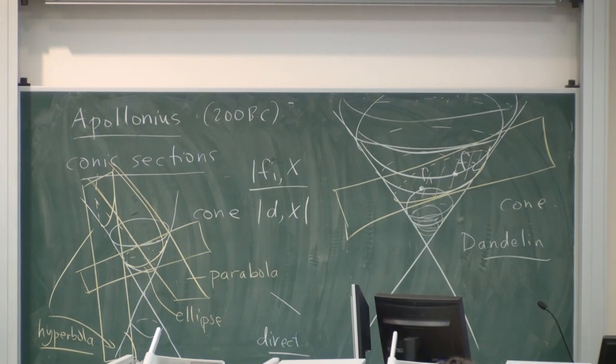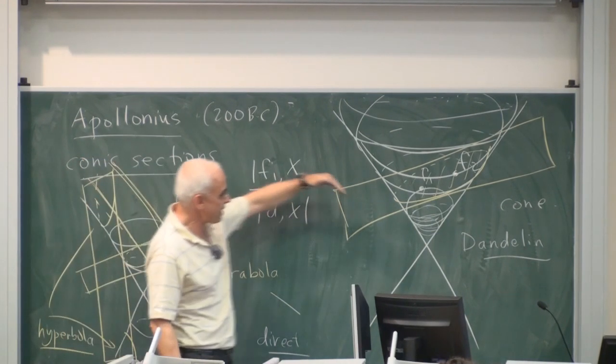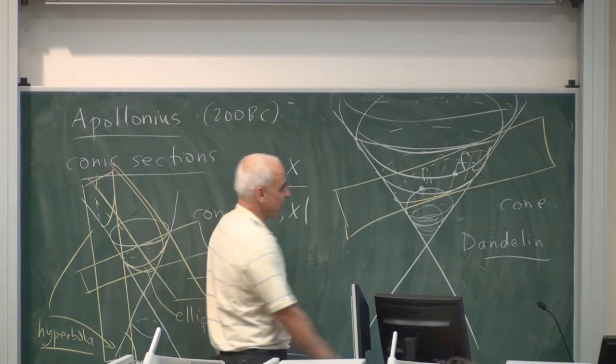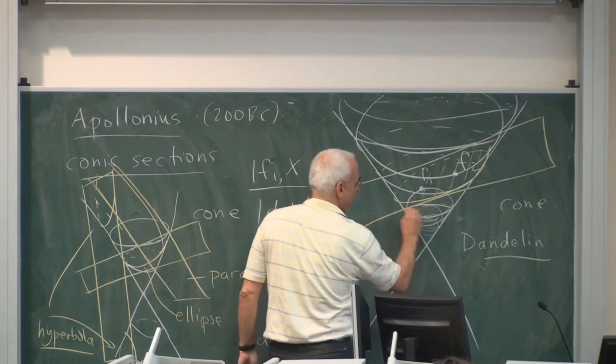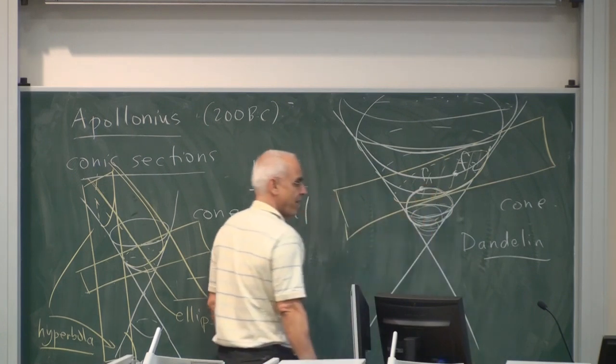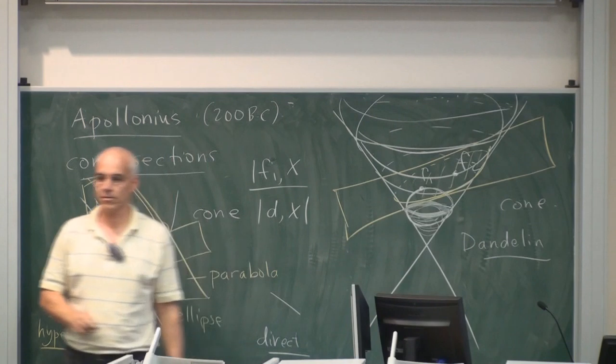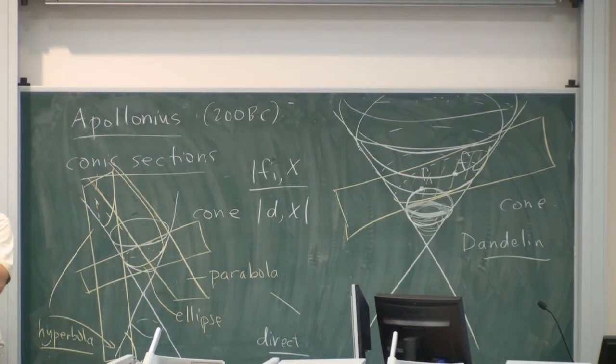And where is the directrix? Remember, there was also a line outside the... Well, if you take that sphere that touches it on the bottom, that sphere touches the cone at an equator. It's sitting touching the cone on an equator.